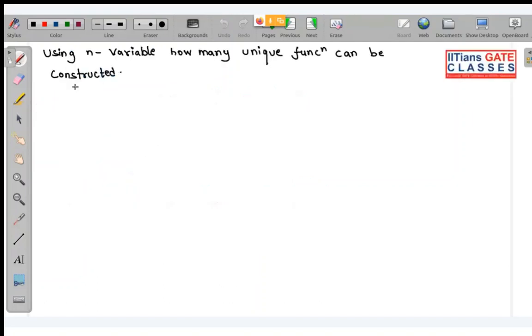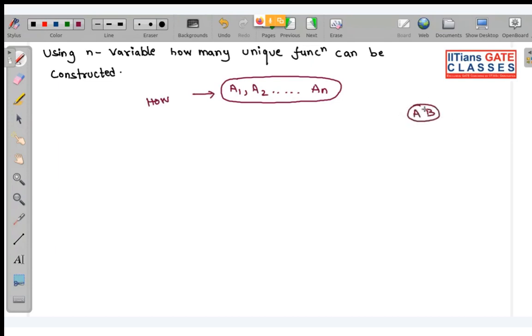Now let me ask you a question. Suppose I have n variables, A1, A2 like this. With these variables, how many unique functions can I construct? Like if you have A and B, with the help of the A and B variables, how many functions can you generate?